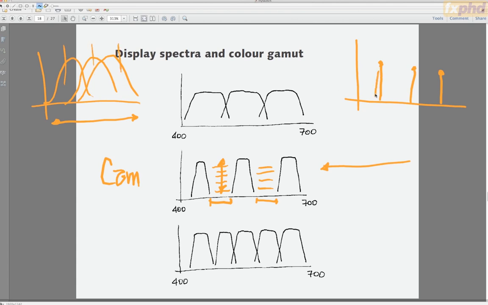And so by just varying the amounts of power in those 3, we can stimulate a huge range of colors, not missing anything.